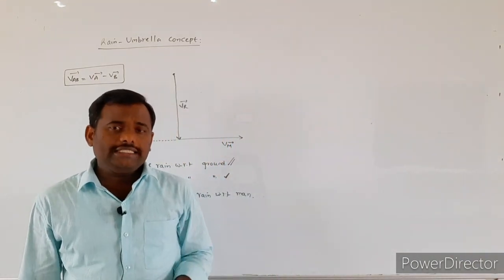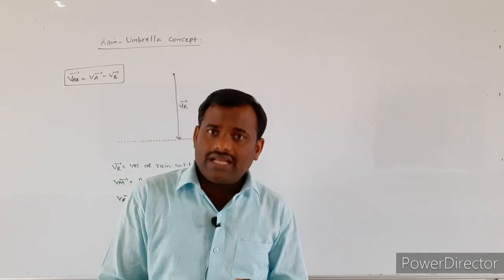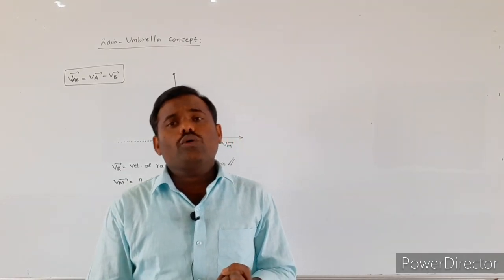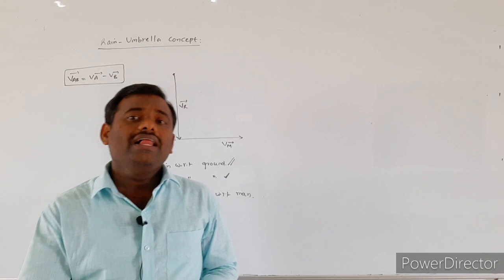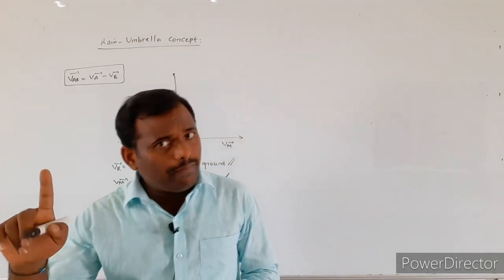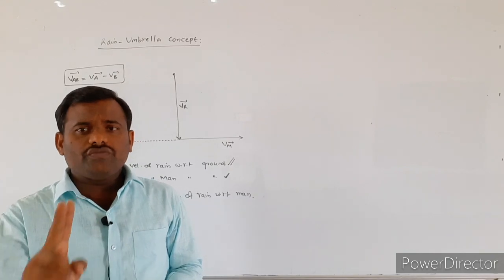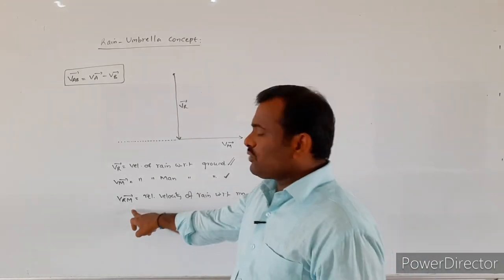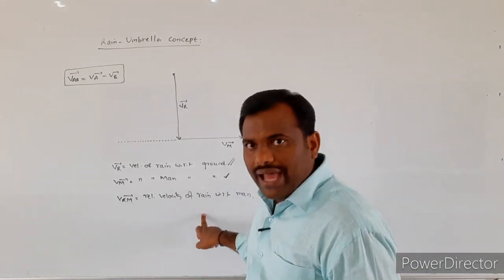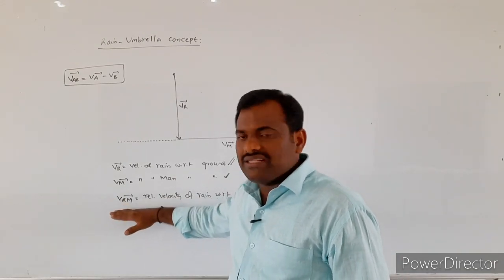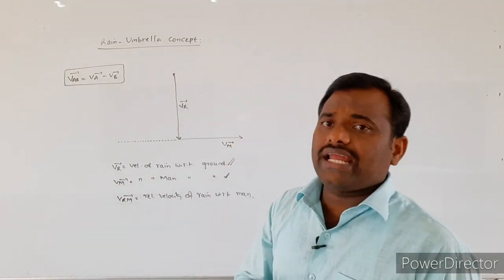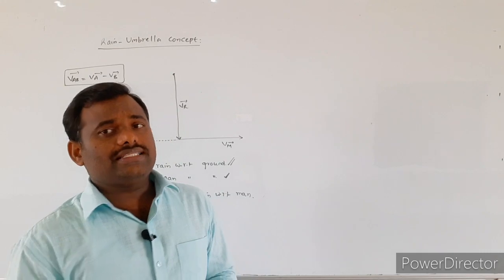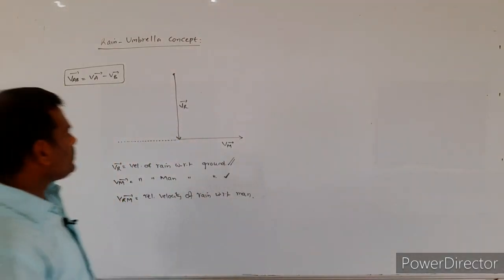We are going to find the magnitude of the relative velocity of the rain with respect to the man, and also the direction. It is a vector quantity, that means it has certain magnitude as well as direction. So, we are going to calculate the magnitude as well as direction of the relative velocity of the rain with respect to man.